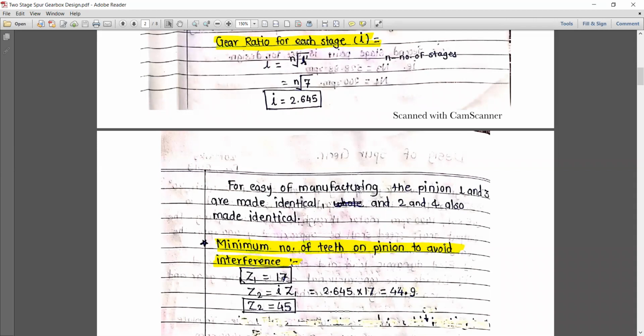Now as per our experience, the minimum number of teeth required on the pinion, which we have already calculated once, is z1 equal to 17. As the transmission ratio is 2.645, we can find the minimum number of teeth on the gear, z2, which we calculate as 44.9, approximately 45.